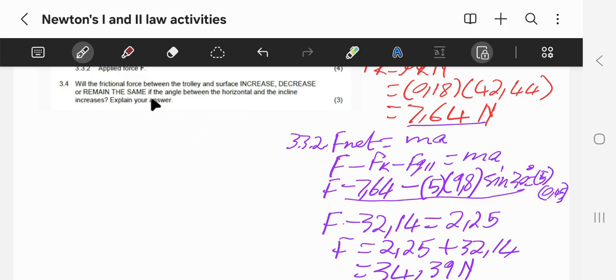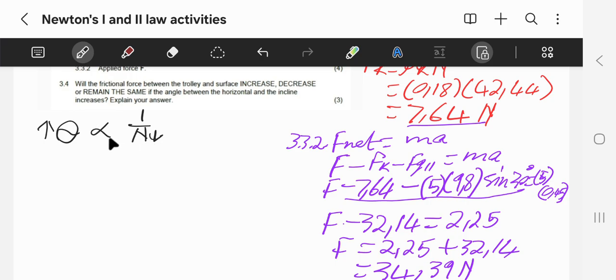So here what we are being told is that our angle between the horizontal and the incline is going to increase. When we answer this question, we will firstly look at the relationship between the angle and the normal force, okay? And the relationship, as you can see, is inversely proportional. So if we increase our angle, then our normal force is going to decrease.